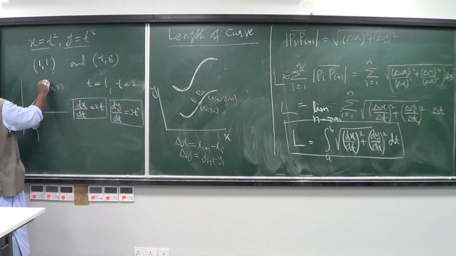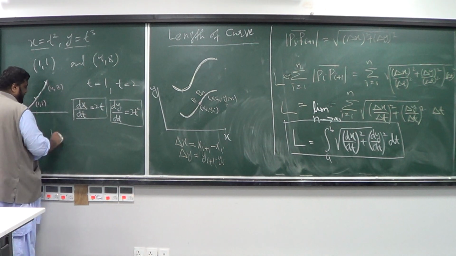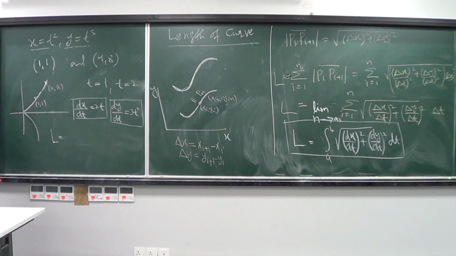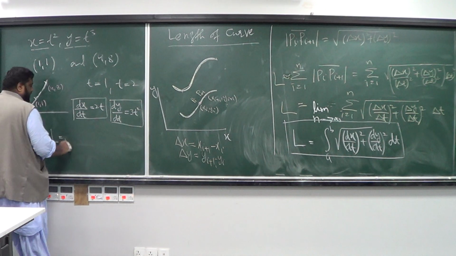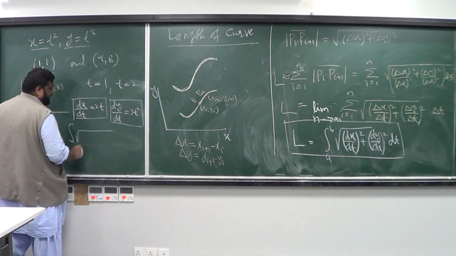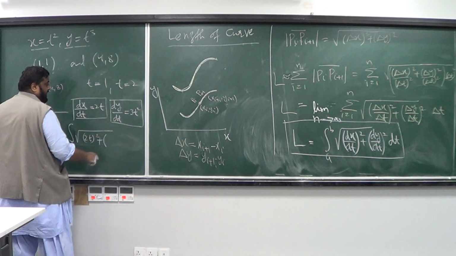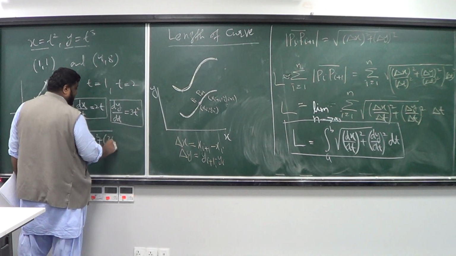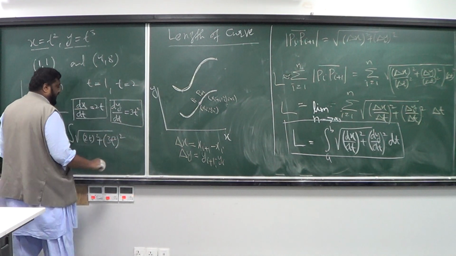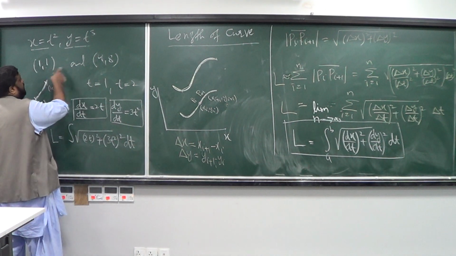So we have to compute the length of this segment. Forgive me, I'm again and again calling it area. So this is going to be an integral. dx by dt is 2t, dy by dt is 3t square, and dt, where t varies from this point to this point.